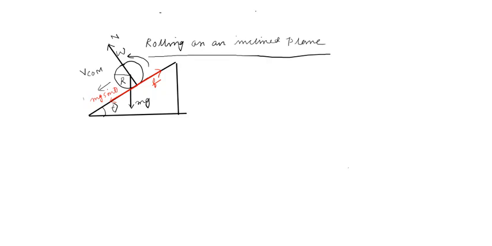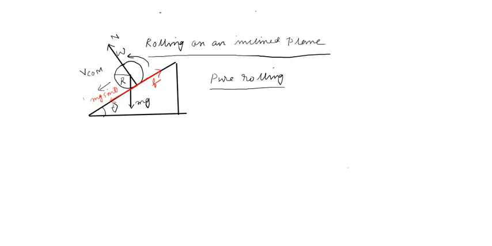Now to write the equation of motion, we must first have the condition that we are considering pure rolling. What is pure rolling? Pure rolling means that there is no sliding, that is, the point of contact is at rest with respect to the plane.